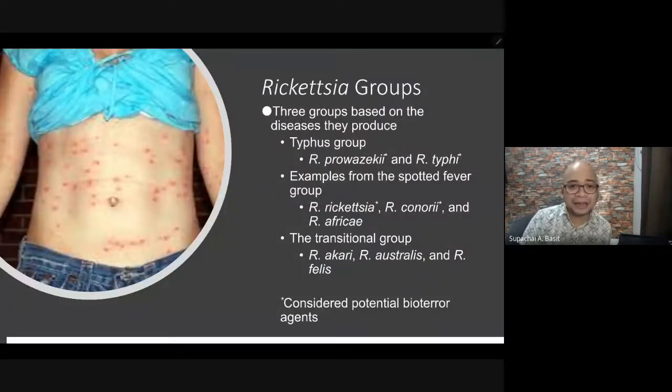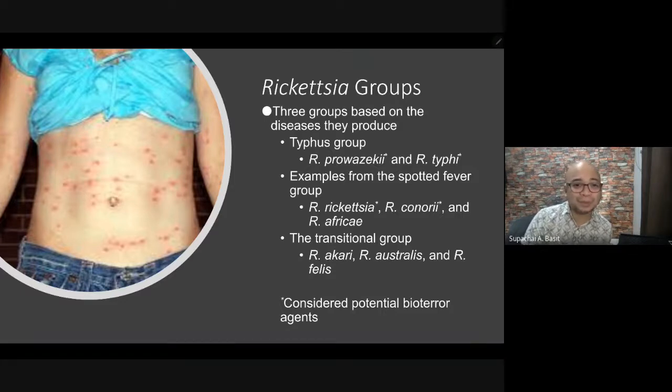Three groups are based on the disease that they can produce. We have the typhus group. Under the typhus group, we have Rickettsia prowazekii and Rickettsia typhi. It has an asterisk here because it is considered a potential agent of bioterrorism.